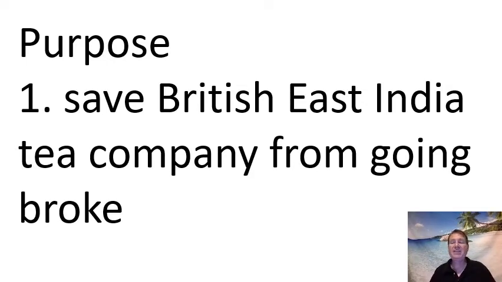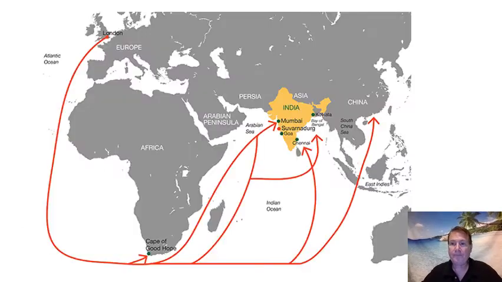The British East India Tea Company, as its name implies, was a British company in East India that grew and sold tea. Clever naming, isn't it? So India was a long way away from Britain, but by this time Britain had many colonies, not just in the Americas, around the world.